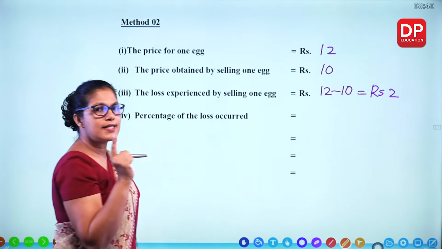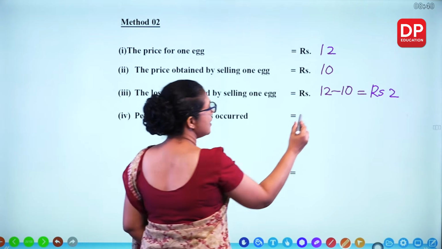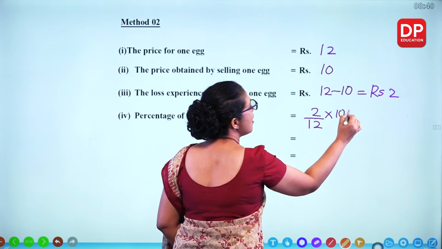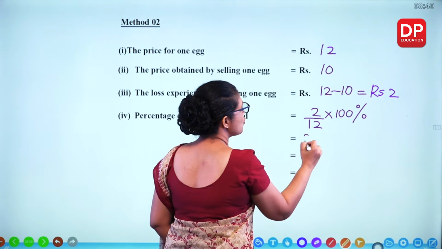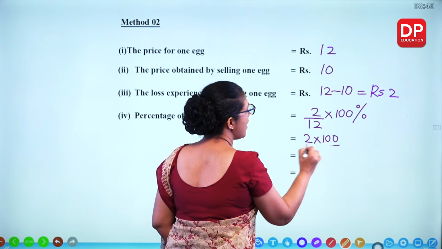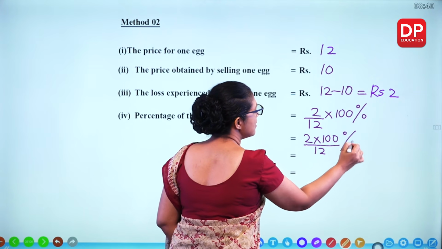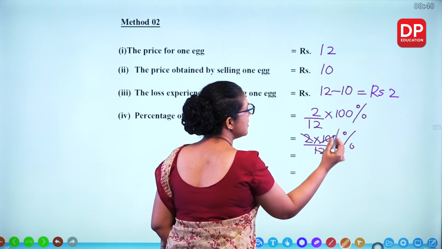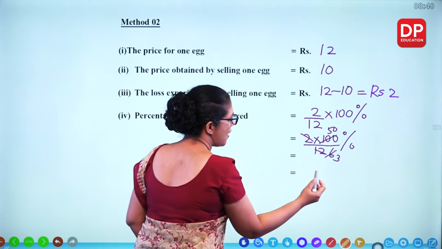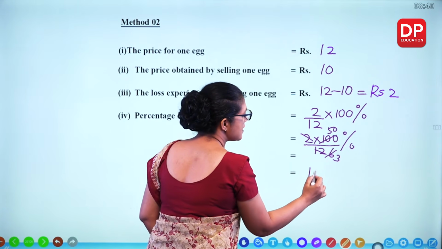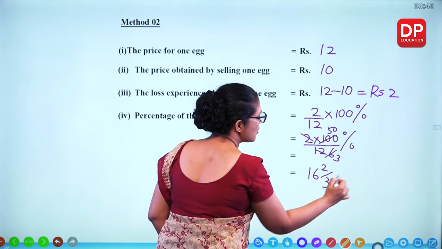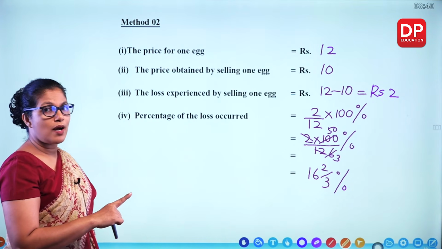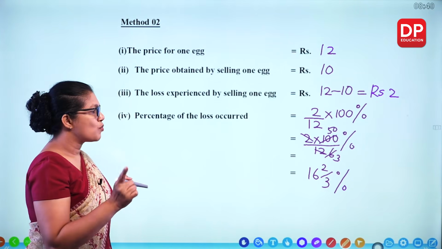So what's the percentage loss occurred? 2 rupees out of 12 into 100. So 2 times 100 divided by 12, 2 times 6, 2 times 3 here, 50. So 50 divided by 3, you get 16 2/3. So same answer you are getting, either taking the whole lot at once or each one separately.